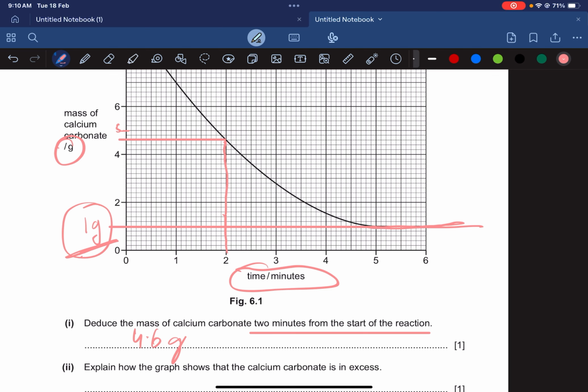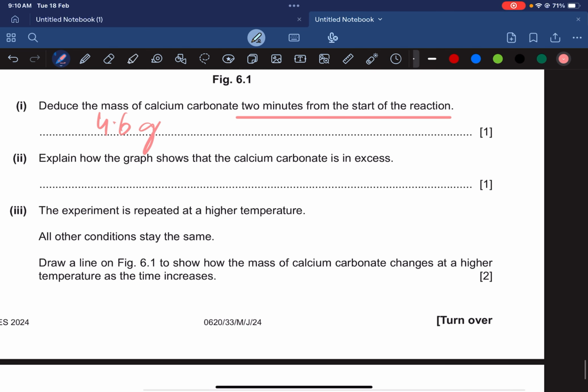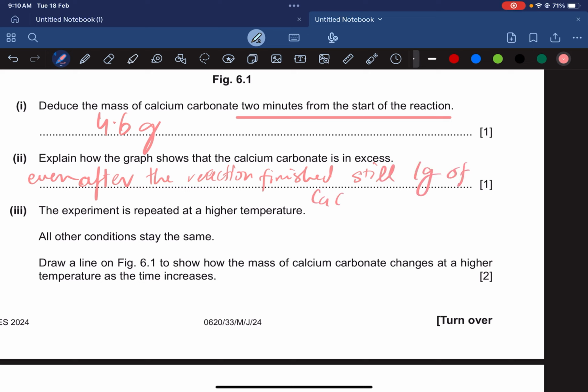We still have 1 gram left. So even after the reaction finished, still 1 gram of calcium carbonate left. Okay, this shows that it was added in excess.